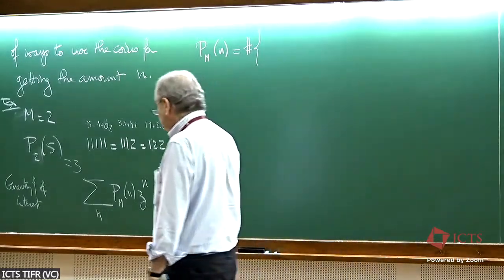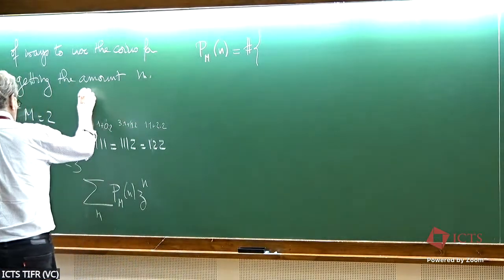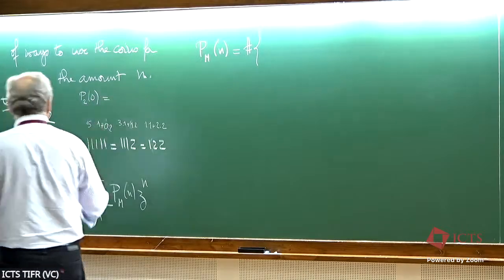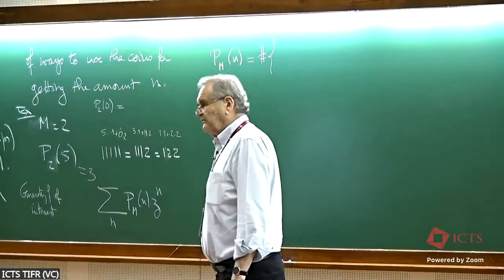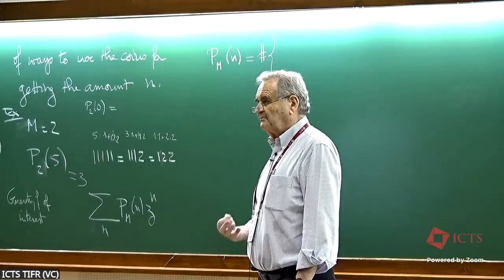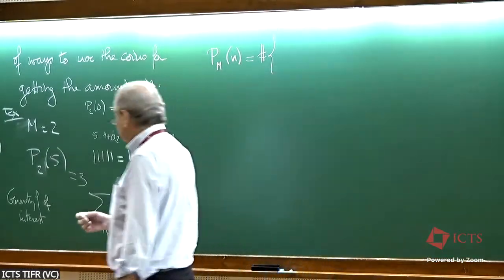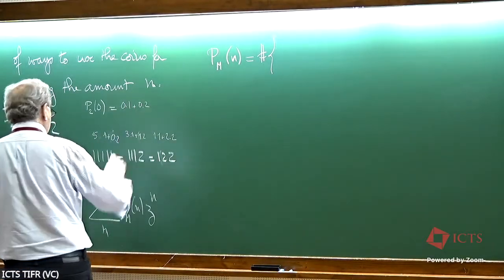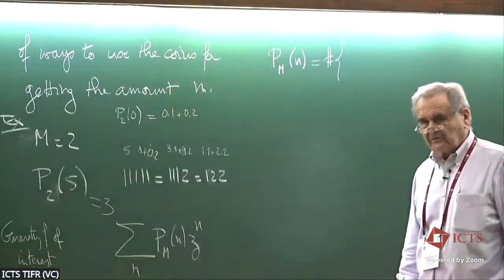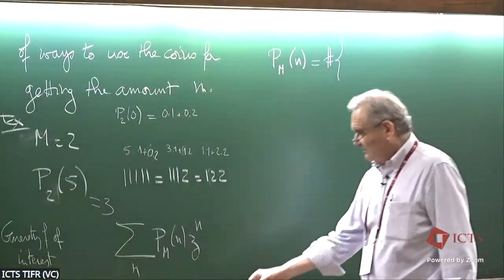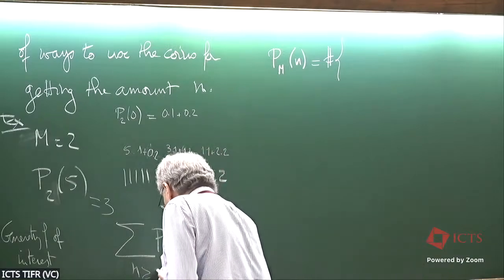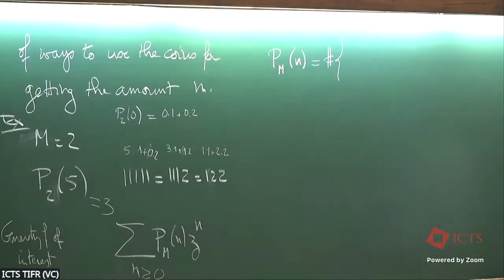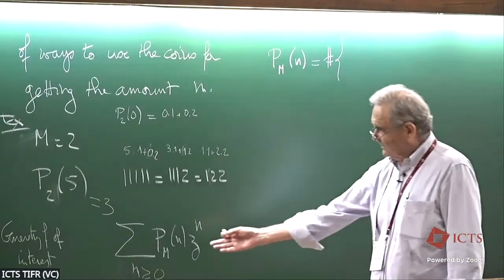And then you may ask, what is P2 of 0? This is the empty representation, which corresponds indeed to 0 times 1 plus 0 times 2. It will be better in this context to consider non-negative integers, because your power series will start with a 1.